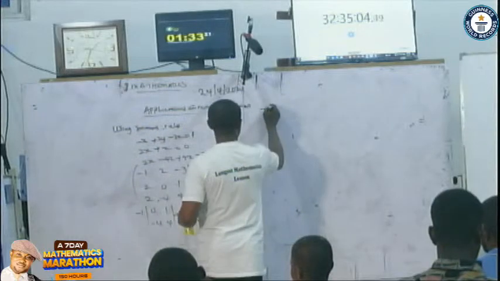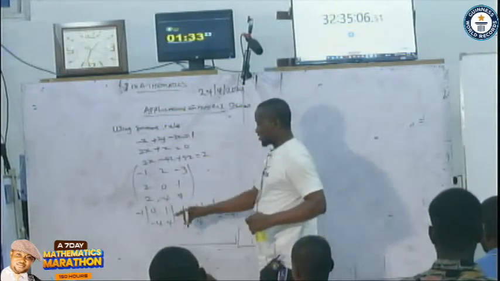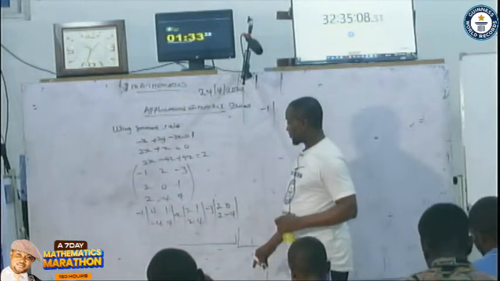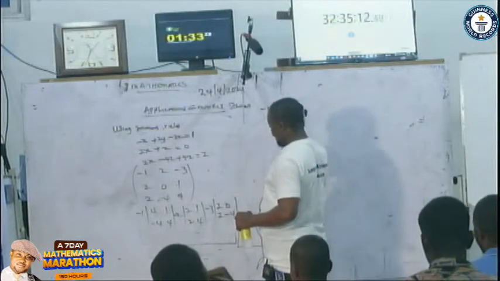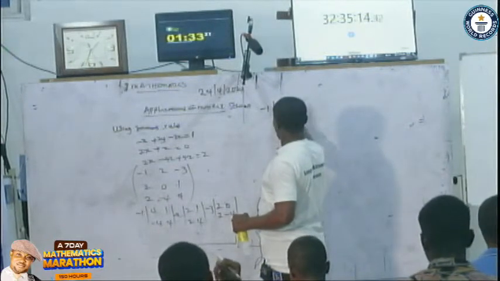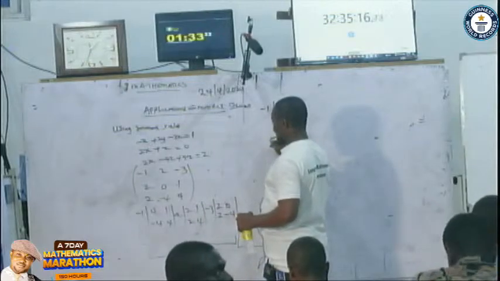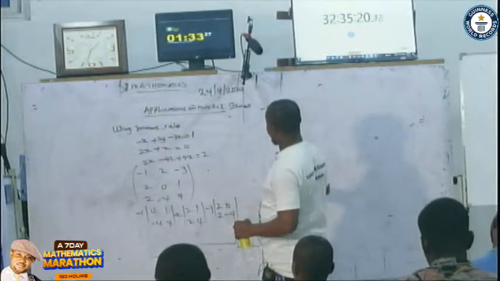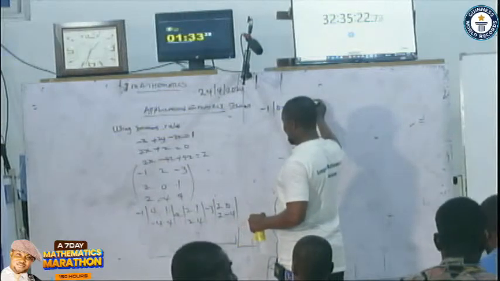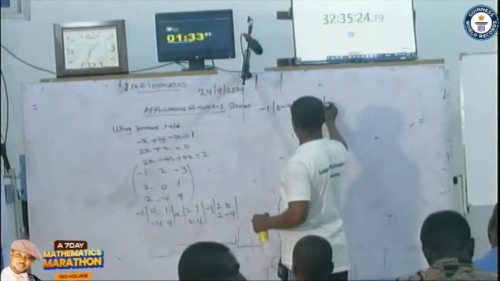So that will be minus 1 into, let's multiply this. What do you have? 0 times this one, 0, minus 4, eh? That is 0 minus 4 now. Minus 2 into what? 8 minus 2.